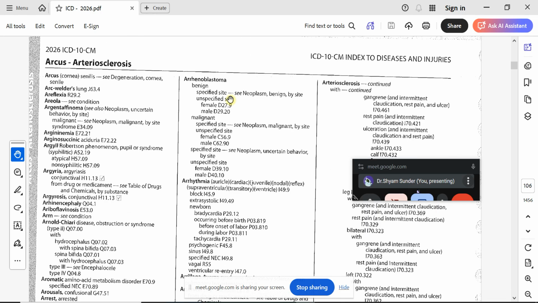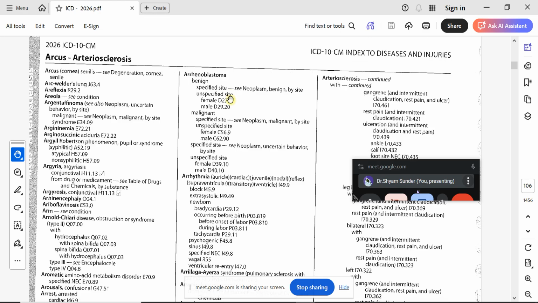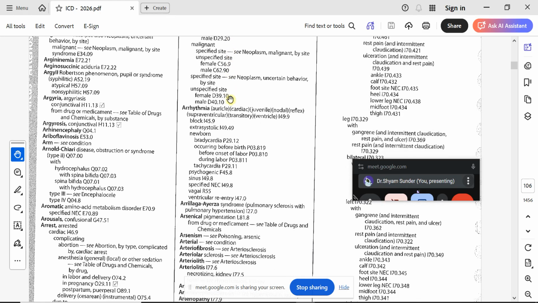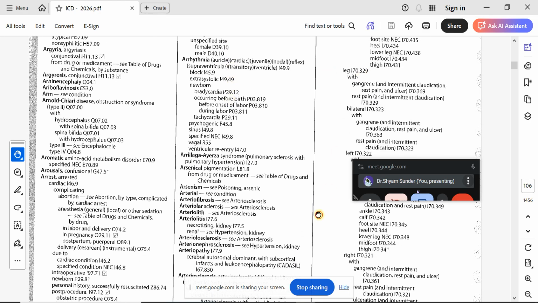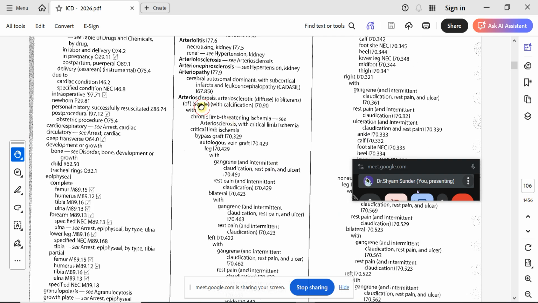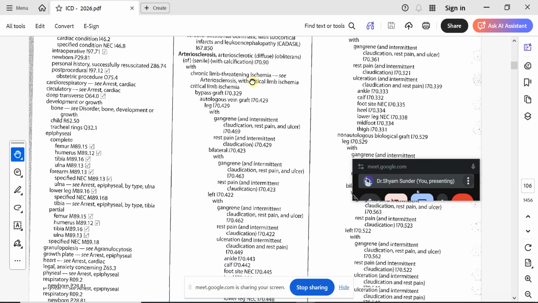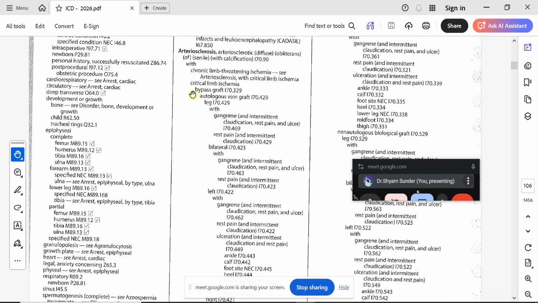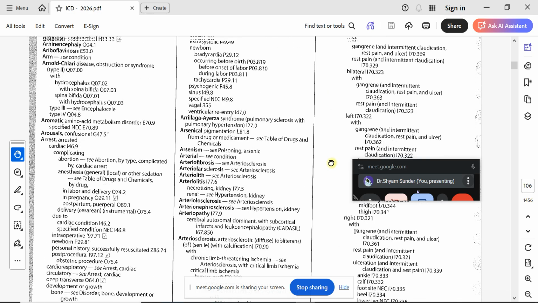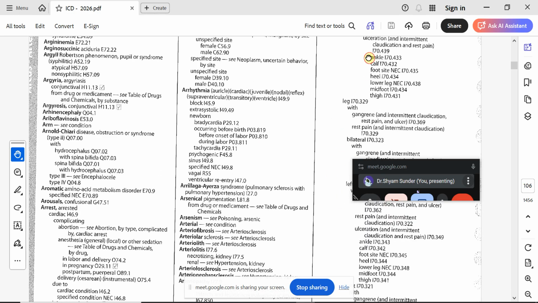Now, arteriosclerosis in the leg, that's important. Here we have the leg, and there are so many entries. Arteriosclerosis of the peripheral arteries is the hardest part of coding.